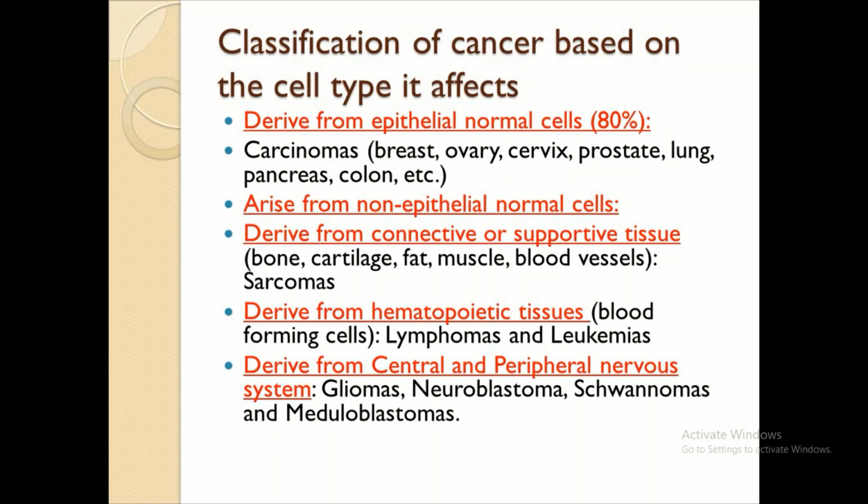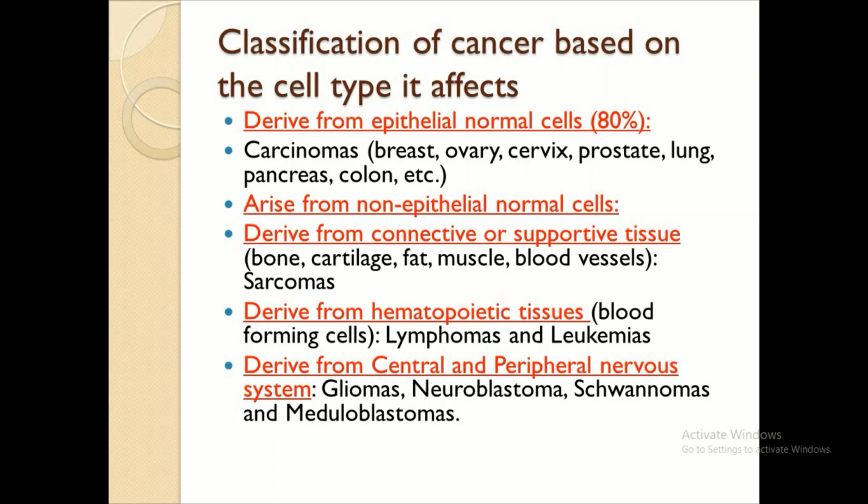The cancers that arise from non-epithelial cells were categorized into 3 different types. One is the cancer that derives from connective or supportive tissues, the cancer that derives from hematopoietic tissues, and the cancer that derives from the central and peripheral nervous system. The cancers that derive from connective or supportive tissues were designated as sarcomas.